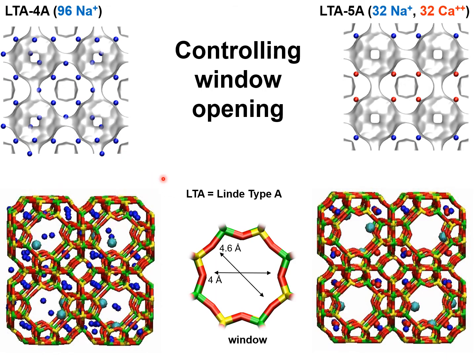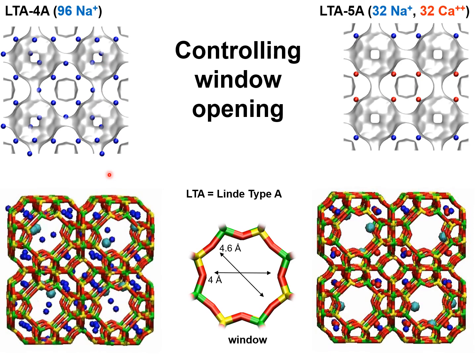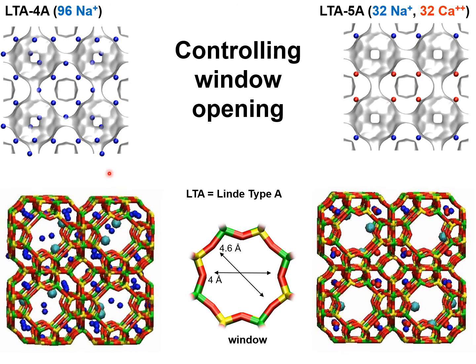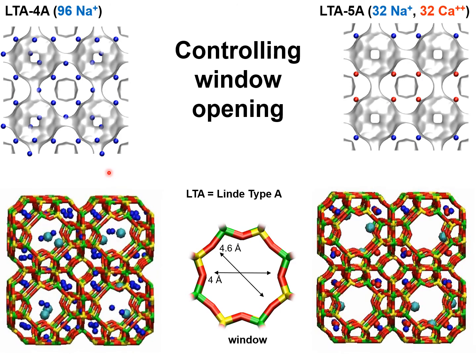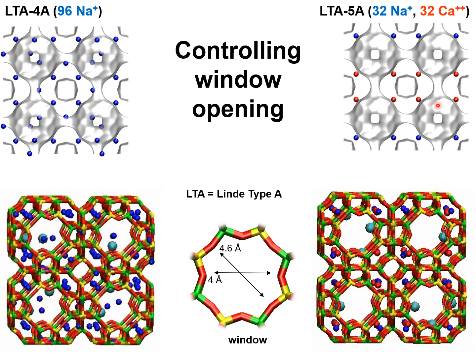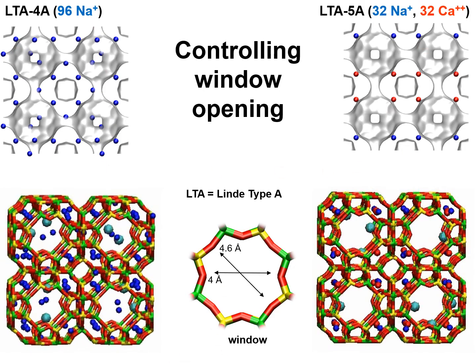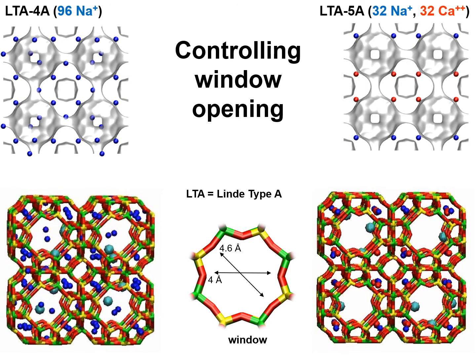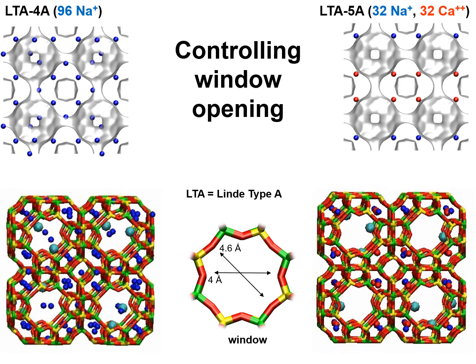Let us gain a qualitative understanding of the influence of extra framework cations on the intercage hopping of methane molecules. We look at both 4A and 5A. Here are animations prepared on the basis of MD simulations.